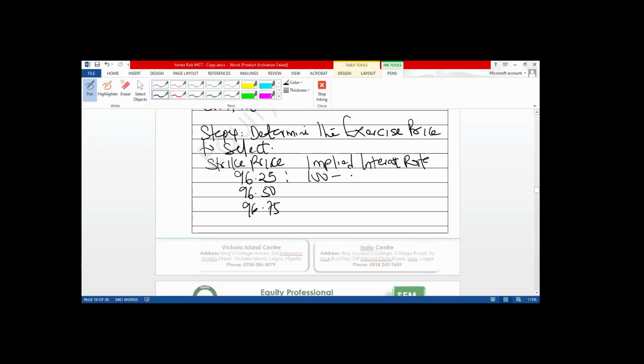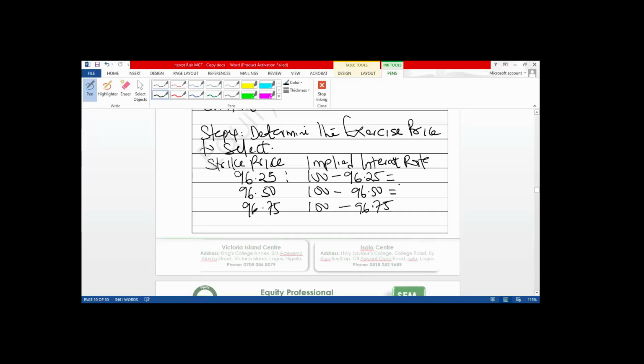100 minus 96.25. Please work that out. 100 minus 96.50. 100 minus 96.75.